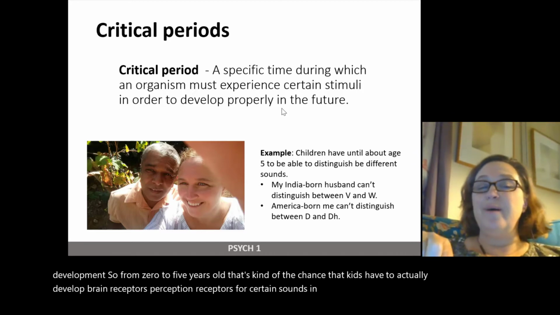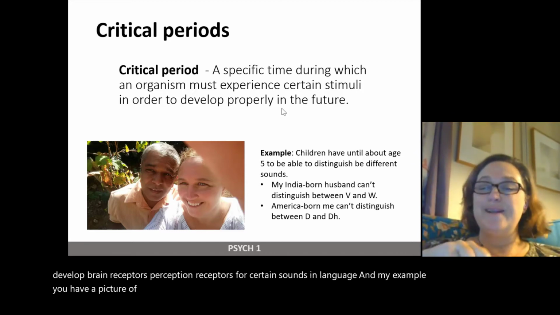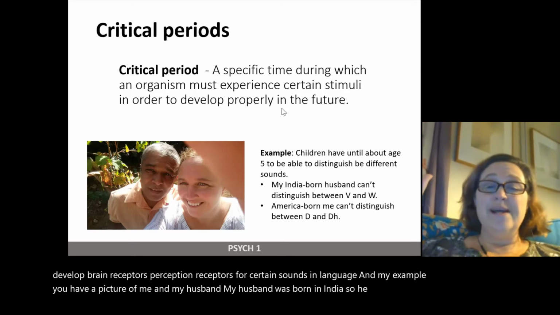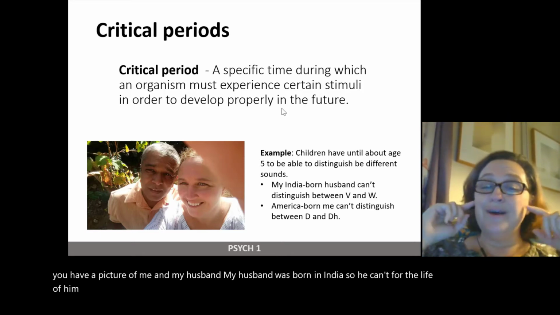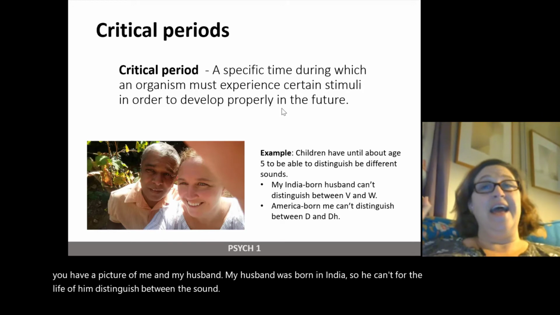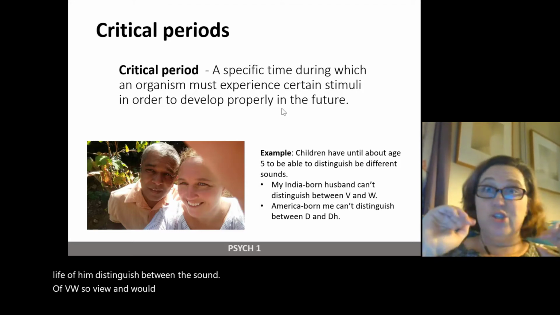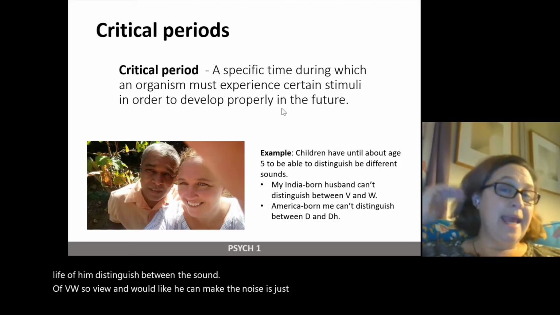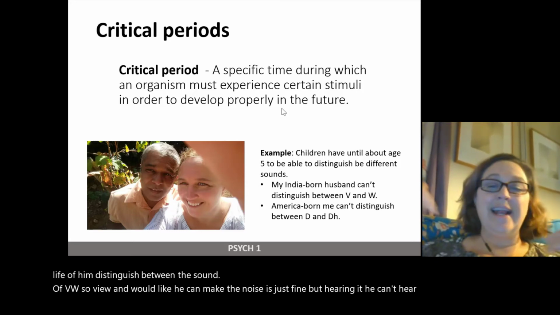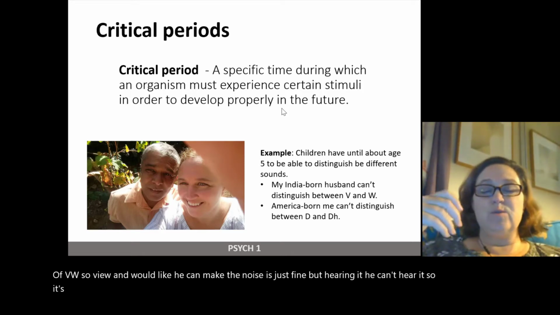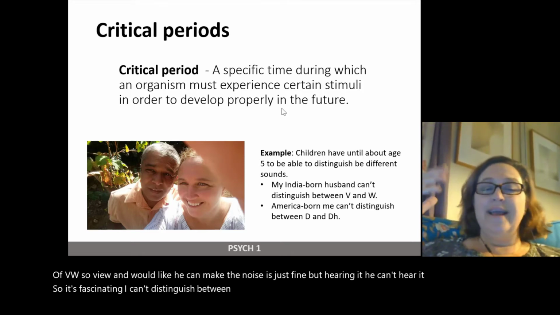And for my example, you have a picture of me and my husband. My husband was born in India, so he can't for the life of him distinguish between the sound of V and W. He can make the noises just fine, but hearing it, he can't hear the difference. It's fascinating. I can't even make the sound.